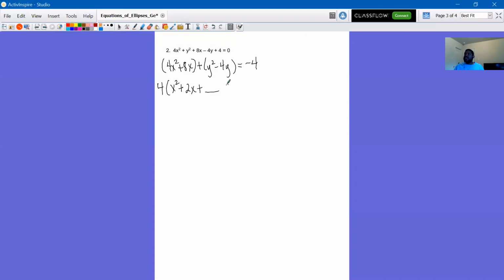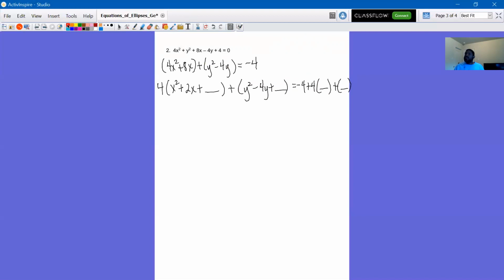And I'm going to put a blank here. I'm going to factor out, well, really there's nothing to factor out because there's nothing from the y squared. So that's y squared minus 4y plus blank equals -4 plus 4 times blank plus blank.